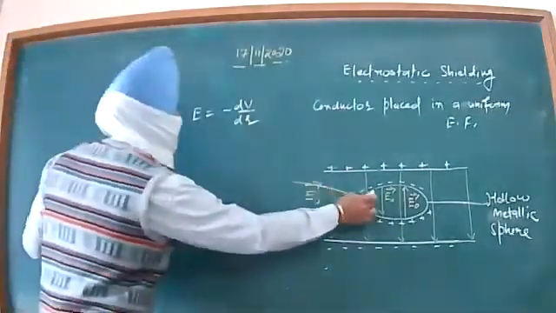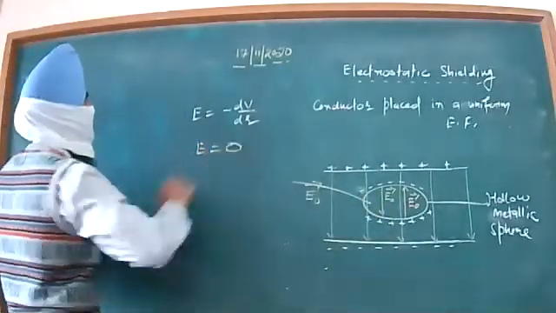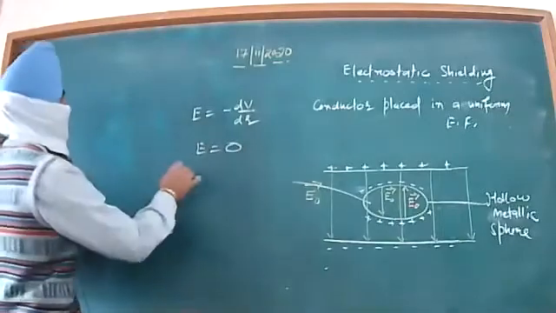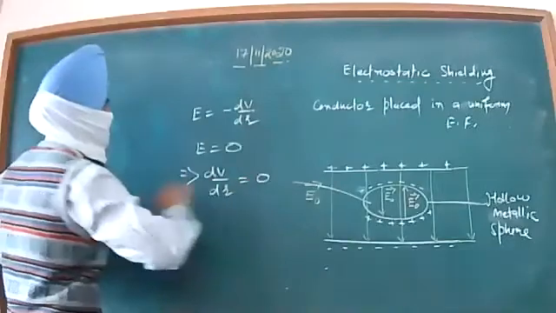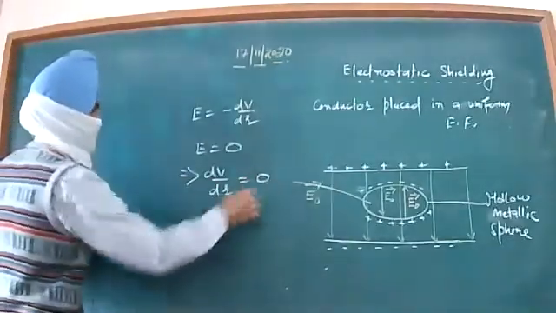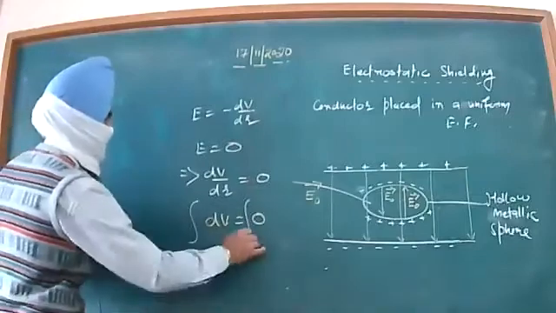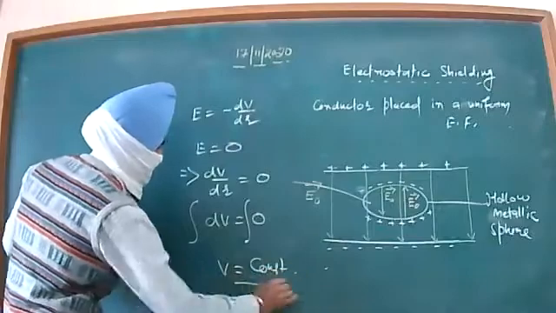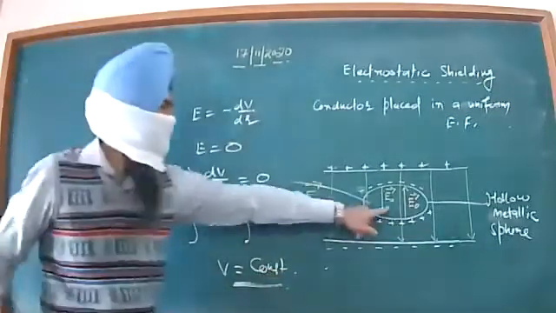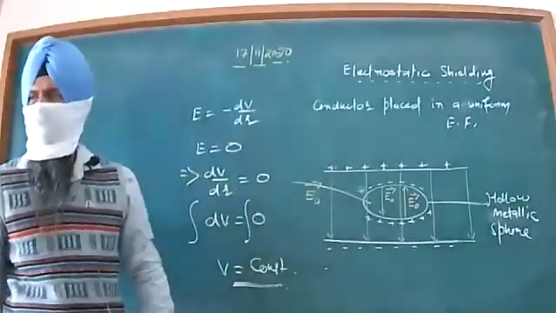Now you can imagine that inside this conductor the electric field is equal to 0. It will mean dV by dr is also 0. Shift dr to the other side, and dV is 0. Now integrate this, and we get V equal to a constant, meaning that inside the conductor the electric potential remains constant.